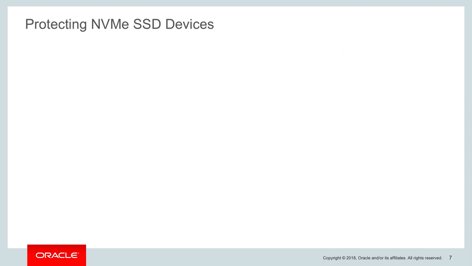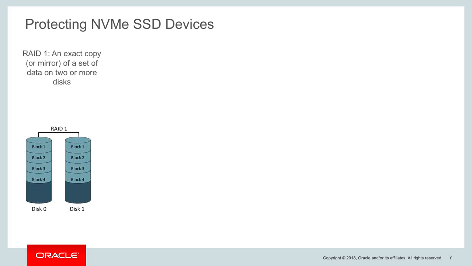So let's talk about protecting NVMe SSD devices, as I mentioned, right? As we have NVMe locally attached to the instance, you have to protect your NVMe by creating what we call a software RAID array on the NVMe devices.